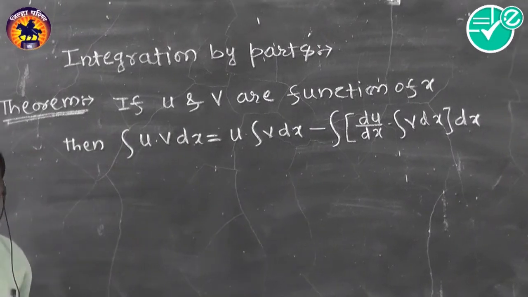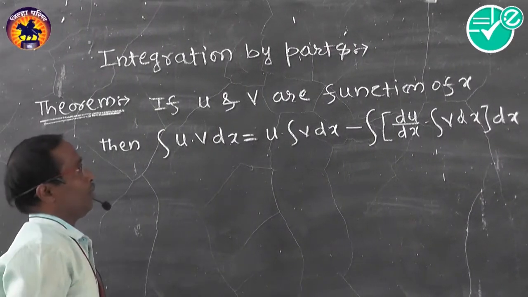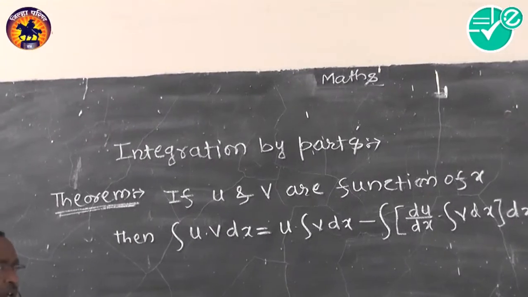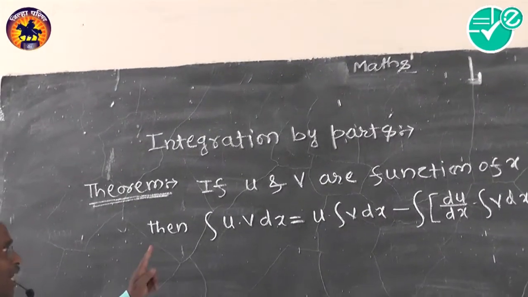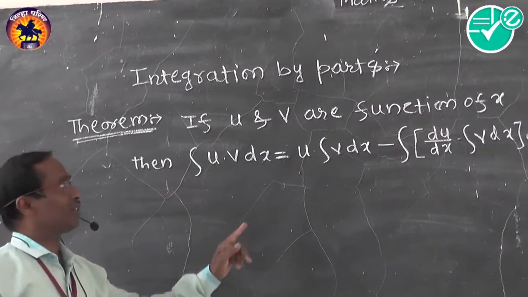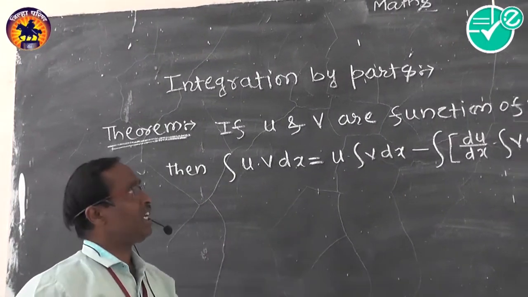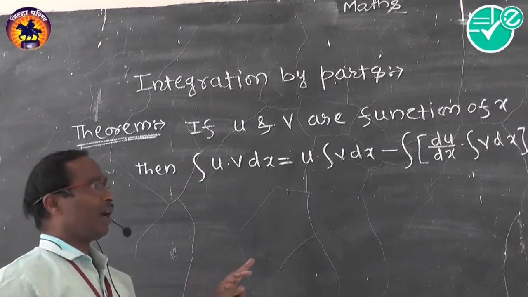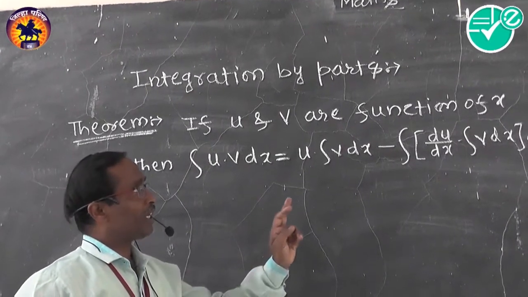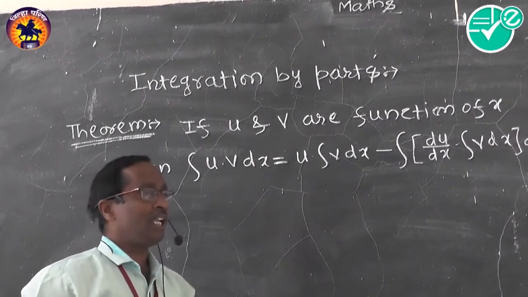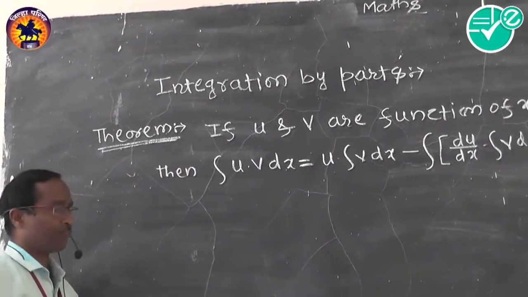If u and v are functions of x, then we want to show that the integral of u into v dx is equal to u into the integral of v dx minus the integral of du by dx into the integral of v dx, into dx.